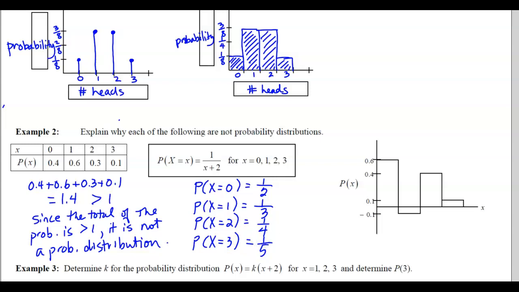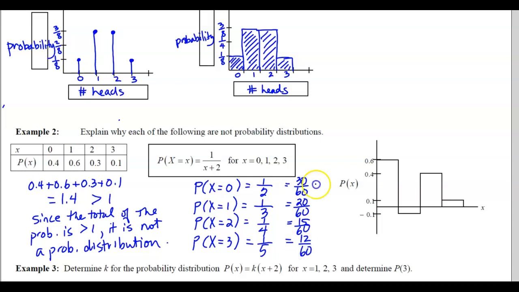So that's going to be 30 over 60, 20 over 60, 15 over 60, and 12 over 60. Right away, I see that the total is greater than 1, because that's going to be 77 over 60.